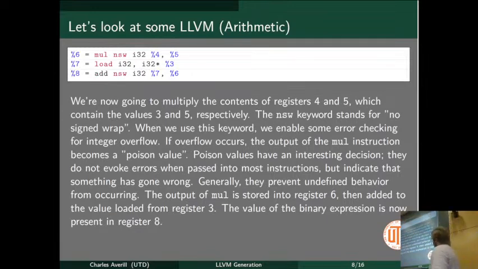This is our next little chunk. Remember, we want to multiply 3 and 5 together. So that's what the mul command is for. That NSW stands for no signed wrap.